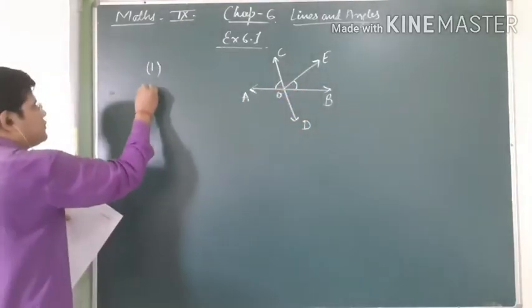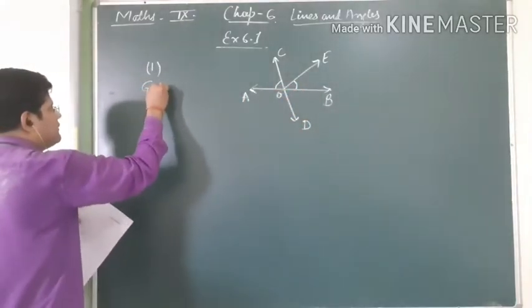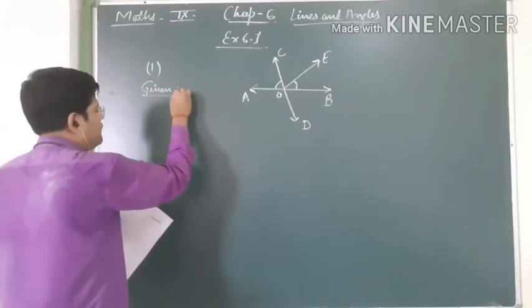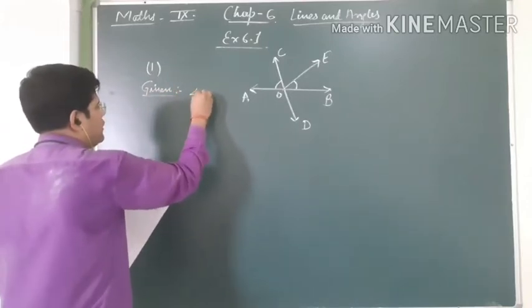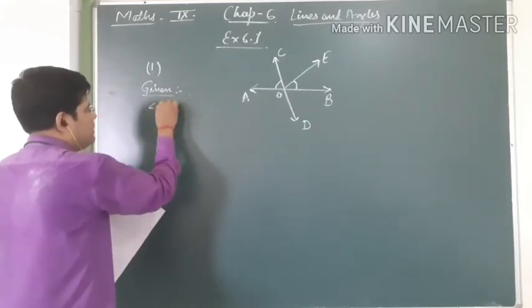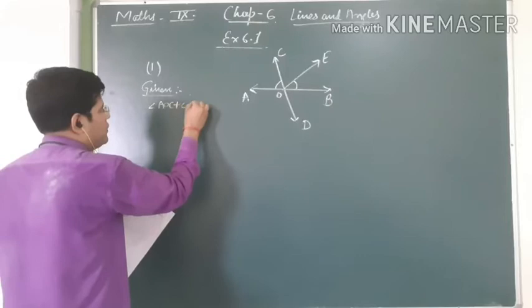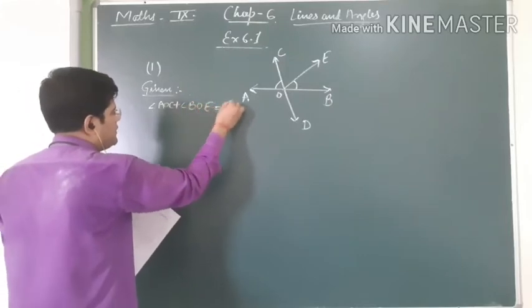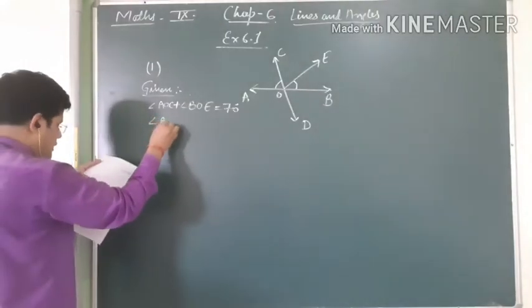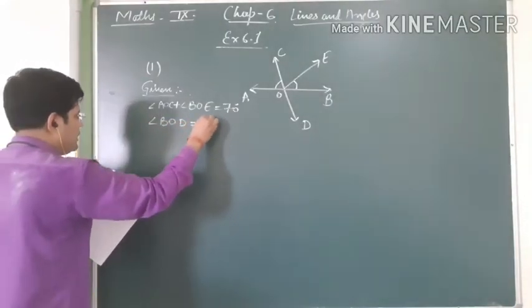So firstly write given. In every sum of geometry we have to write the given things. So angle AOC plus angle BOE make together 70. And second thing, angle BOD is equal to 40 degree.